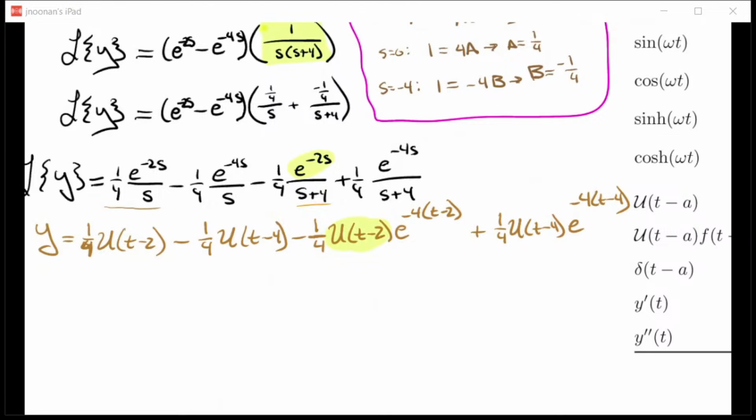So you would type 1/4 times x is, let's see, it's t minus 2, so x is greater than or equal to 2 times e to the negative 4 times x minus 2.